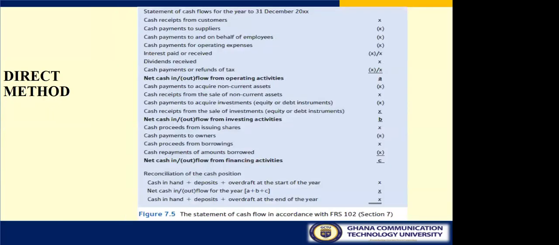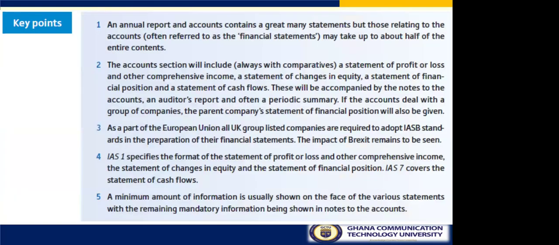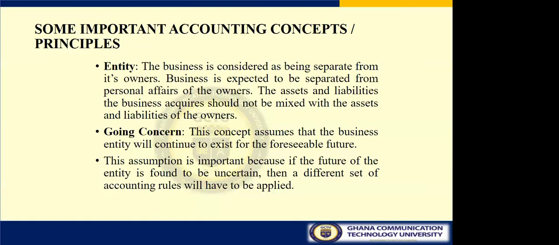The direct method. I'm only teaching you this, but I'm not going to ask you questions in your assignment to do this. In your assignment, you'll be asked to analyze the financial performance of a company using information from its website.